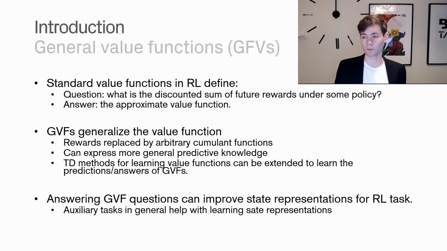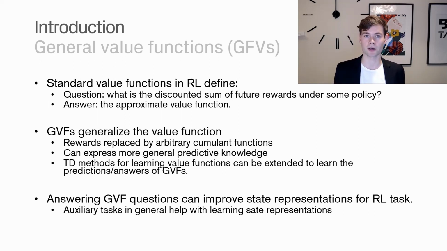When we provide these generalized value functions, they tell us something about the environment, so they are what we would call auxiliary tasks. As you may know from previous talks, auxiliary tasks are a way of helping to shape the representation of a problem to better align with the task that you're trying to solve.